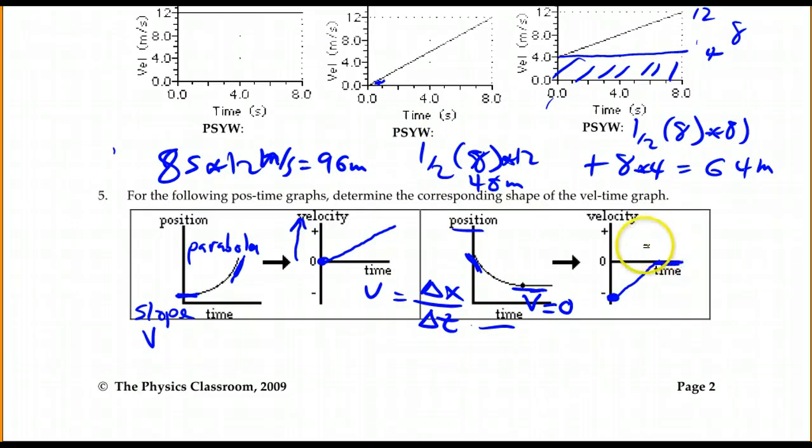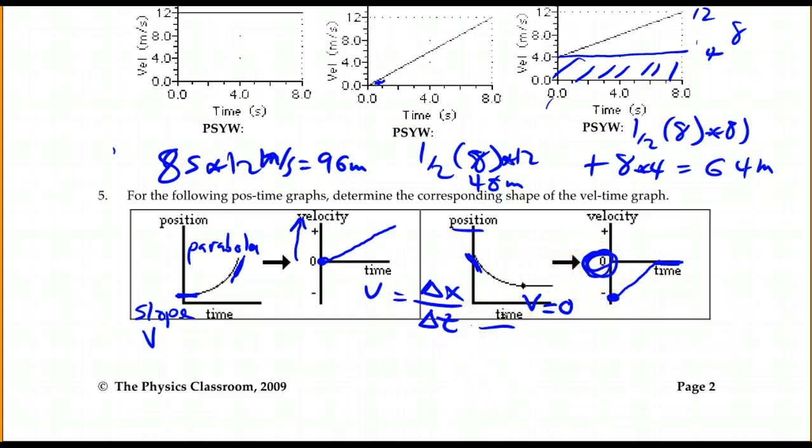A common misconception is that a flat line anywhere on a velocity time graph would be 0 speed, because that's what it was on a position time graph. There, 0 slope means 0 speed. But the only place where we have 0 velocity is right there on the 0 origin of the axis. That's the only 0 velocity spot.